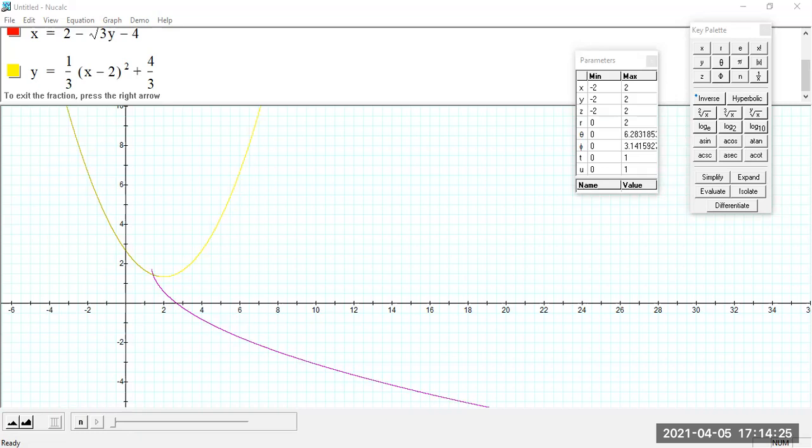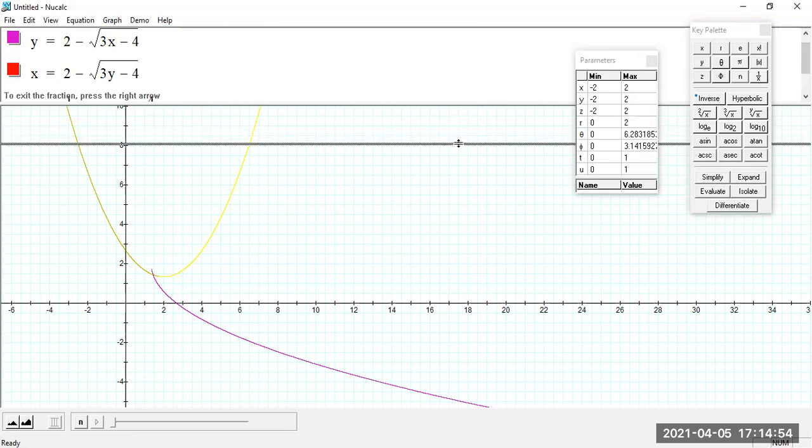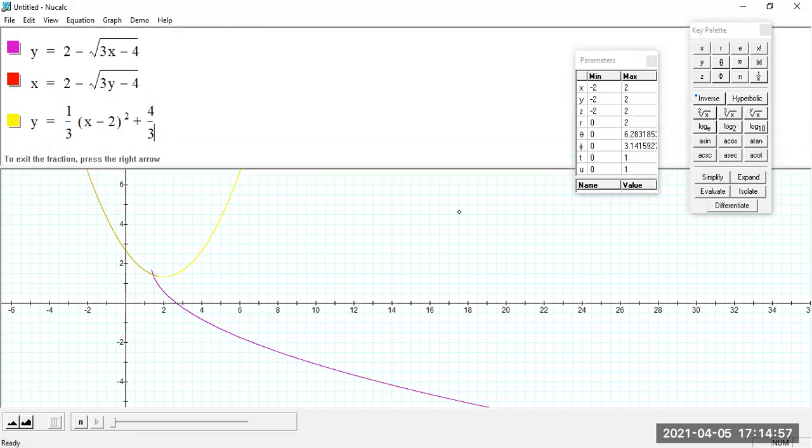Let me put it at the far back here and say that's for number 6C. Hold, give me a second, I want to screenshot this.